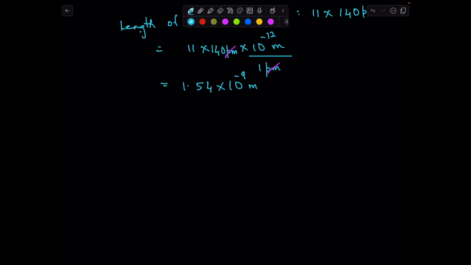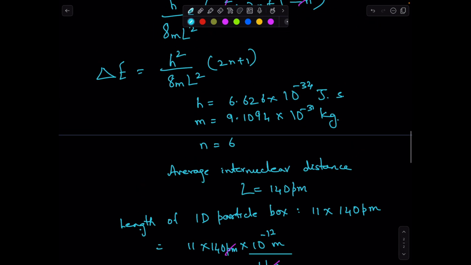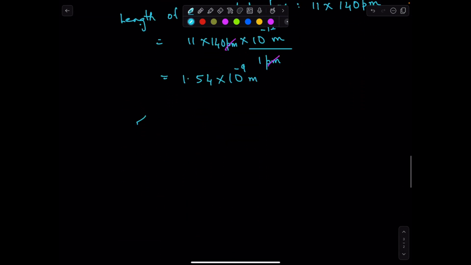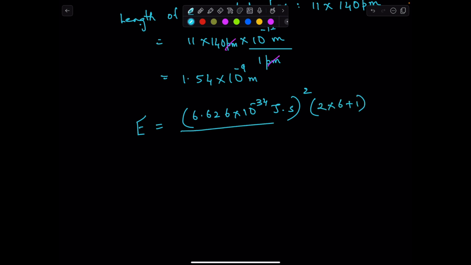Now we can plug in the values. E equals h squared, which is (6.626 times 10 to the negative 34 joule seconds) squared, times 2n plus 1, which is 2 times 6 plus 1, over 8 times 9.1094 times 10 to the negative 31 kilogram, times (1.54 times 10 to the negative 9 meters) squared.